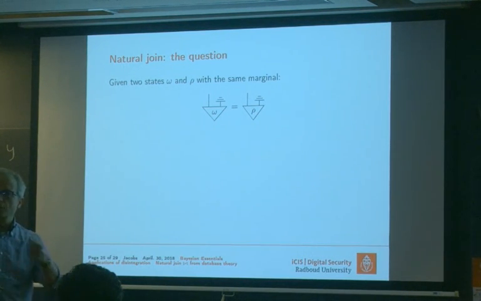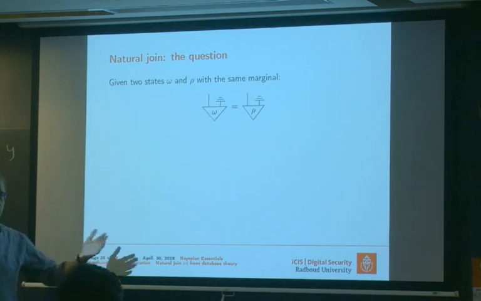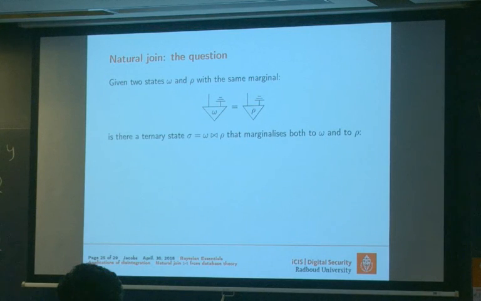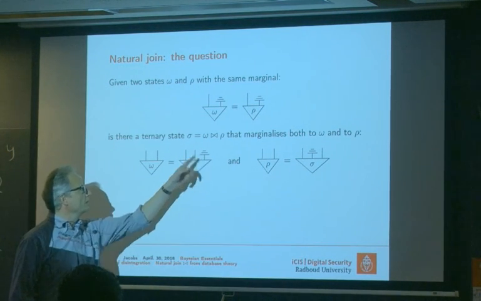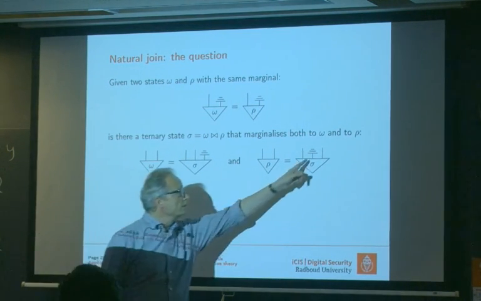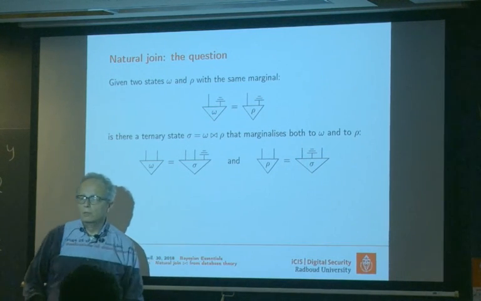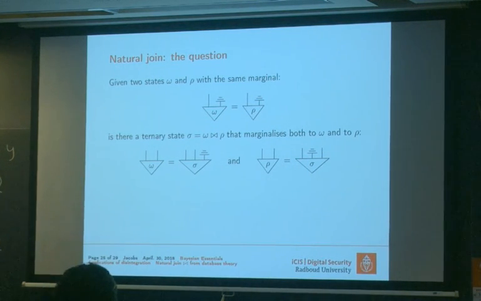If I throw away the addresses and I throw away the marks, I keep students in both cases, and they coincide. What I'm looking for is a ternary state sigma, which marginalizes to both. So sigma is 3 pins, and if I leave out this one, I get omega. If I leave out the middle one, I get rho. How to do this? This is a big topic.